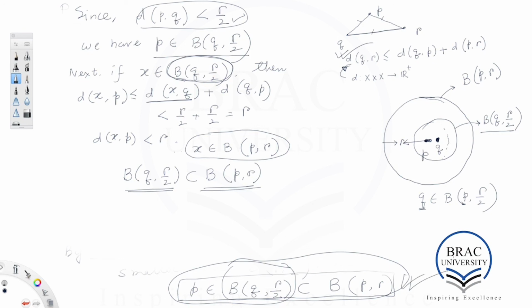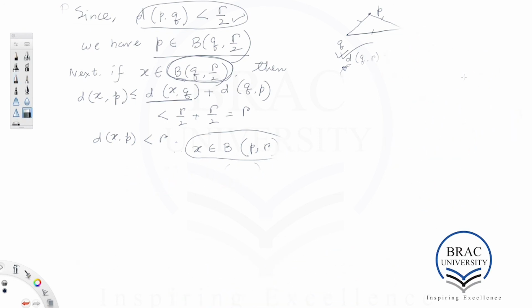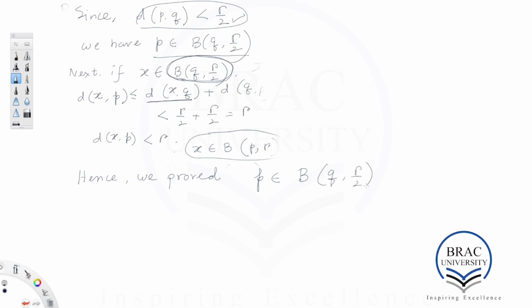So what did we prove then? Hence we proved P is contained in B(Q, R over 2), and that is contained in the open set that we started with, U.